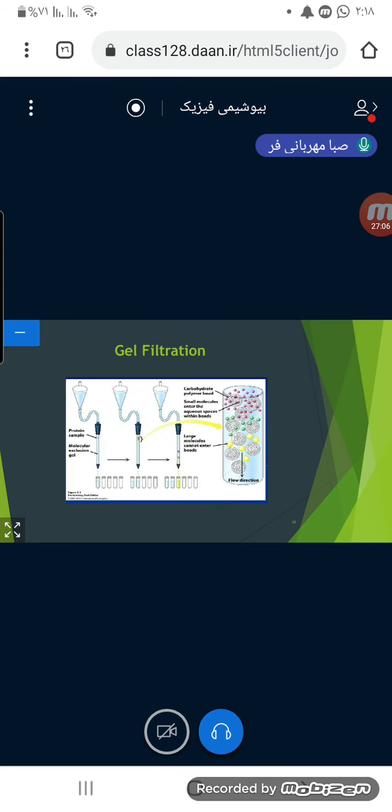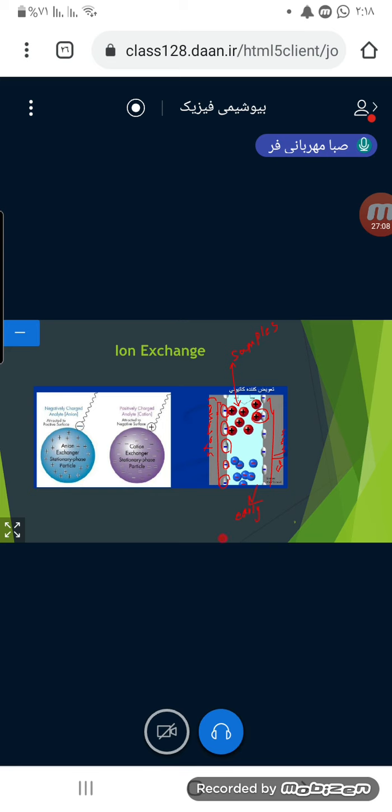The other method is gel filtration. The basis of separation in ion exchange chromatography is what? The electric charge.